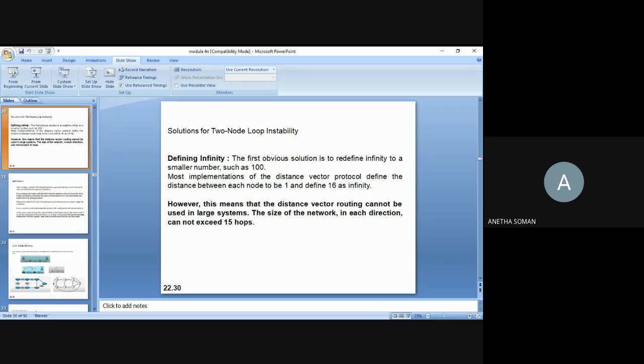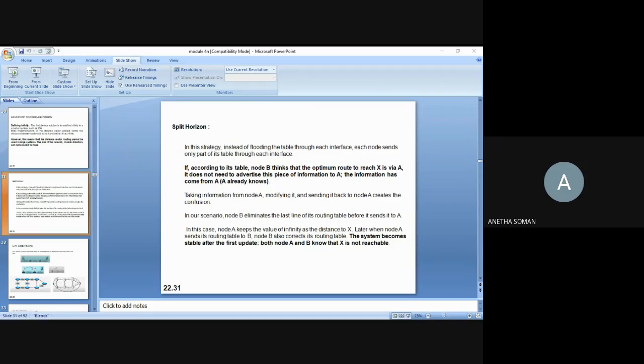So you can take only 15 hops in that network. So it cannot be used in large systems. That is one correction, how you can correct the count to infinity problem. Now, what is the second solution? Another solution is called the split horizon.